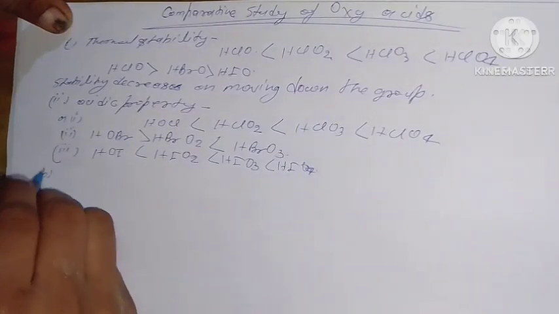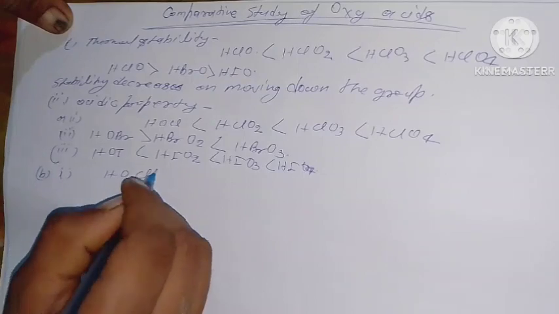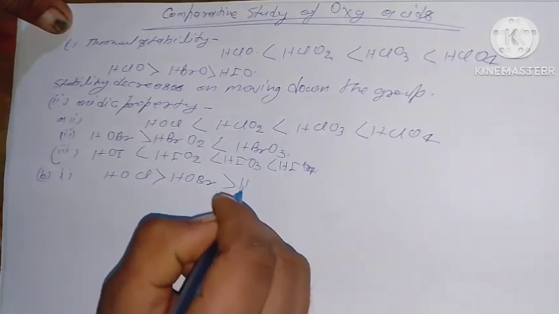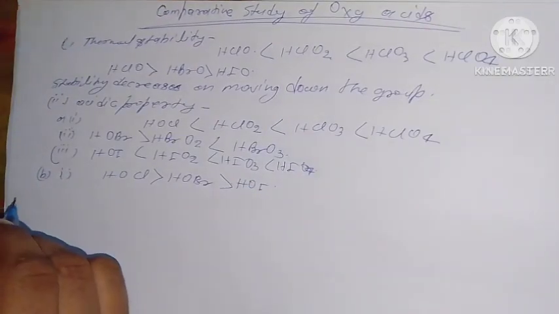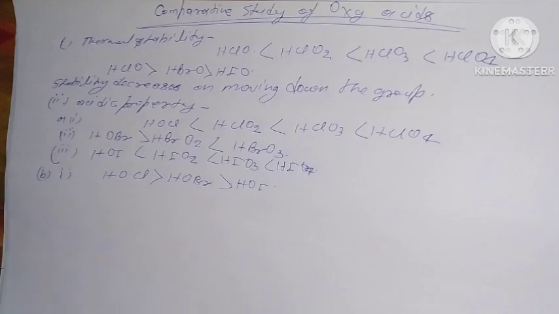Okay. And B point. First point, HOCl is greater than HOBr is greater than HOI. As the radius of X increases, halogen oxygen bond strength decreases.